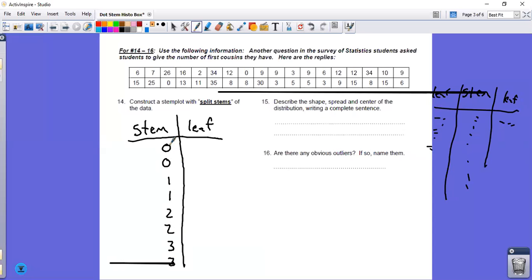Where the first 0 actually represents from 0 to 4. That's 5 numbers, 0, 1, 2, 3, 4. And then the second 0 is from 5 to 9. So this would be from 10 to 14, and then the next one would be from 15 to 19.